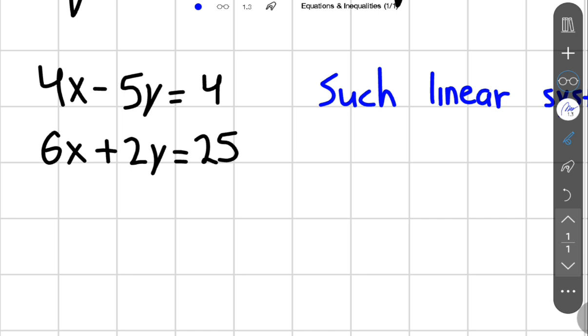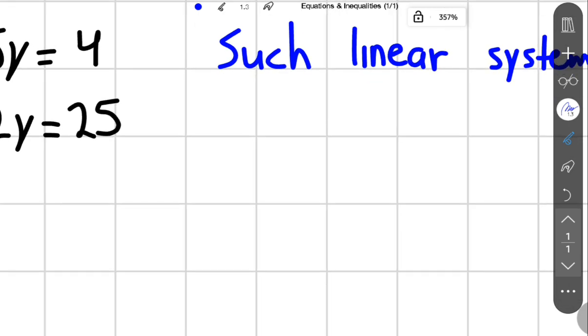So I see that we have -5 and 2. A way you could easily solve this is by getting a common multiple between the two numbers. Obviously the lowest common multiple between 5 and 2 is going to be 10. So we can multiply the first equation by 2 such that we get -5y to be -10y.